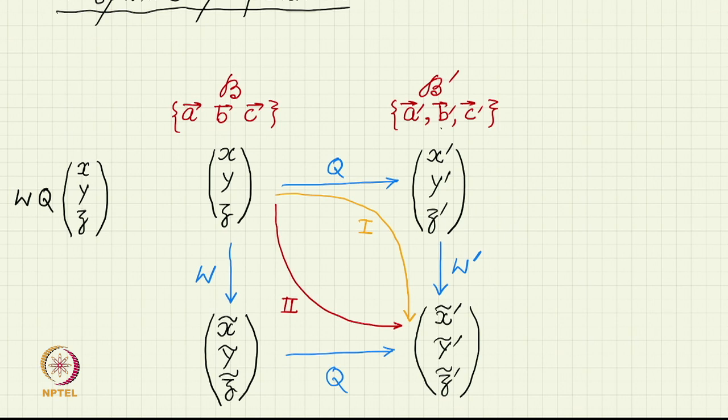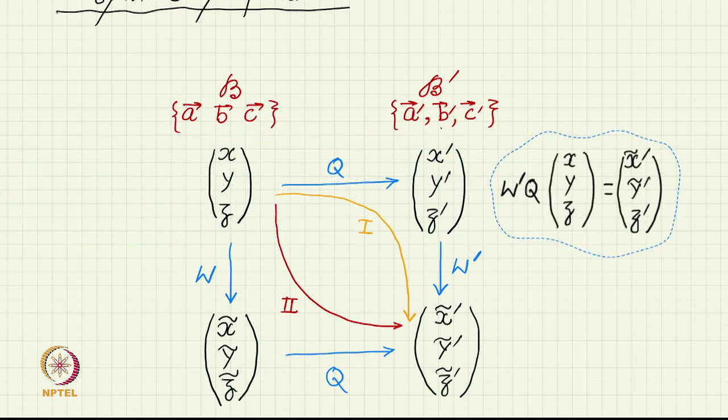So, if I wish to apply the symmetry operation, I will now apply the matrix w prime. So, this product should be nothing but x tilde prime, y tilde prime, z tilde prime. This is path 1.